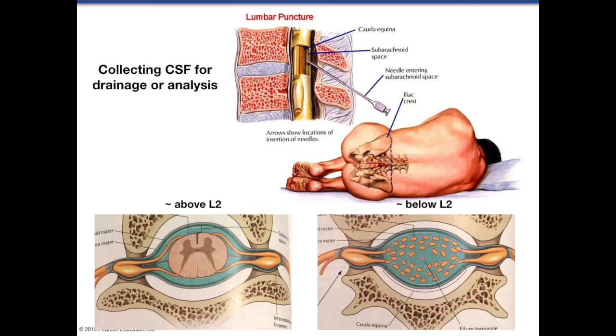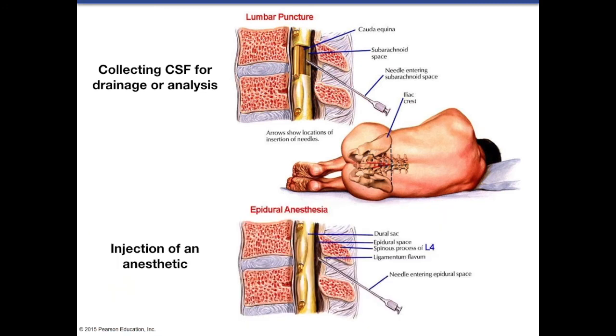In this case, the needle doesn't have to go into the subarachnoid space, only into the epidural space for the anesthesia to work. But it is still safer to be below L2. Now, the epidural space is not in contact with the cerebral spinal fluid or the spinal cord tissue.